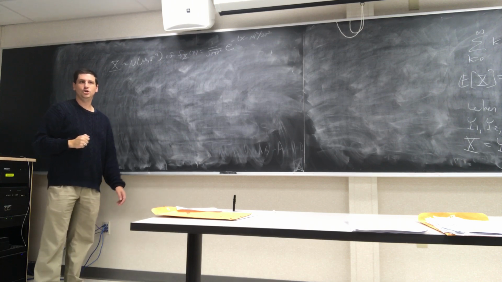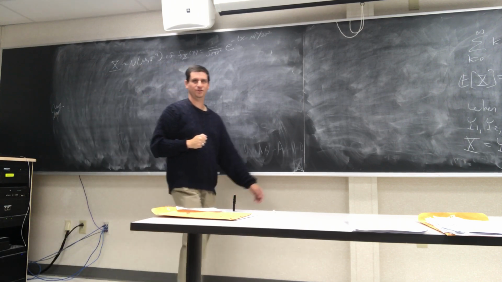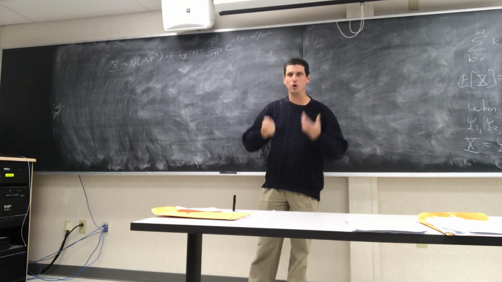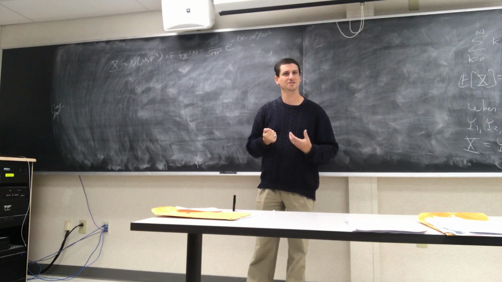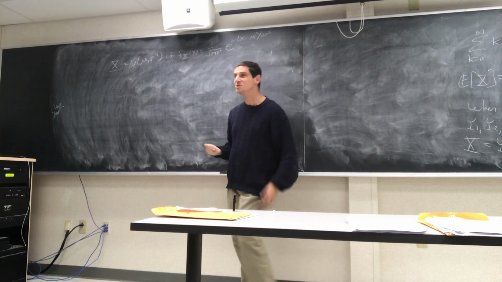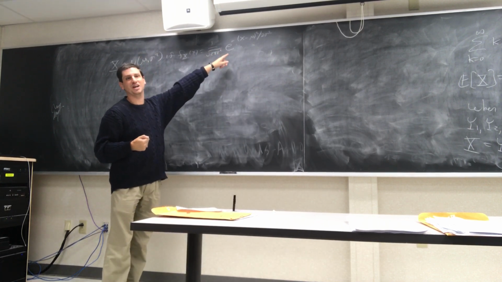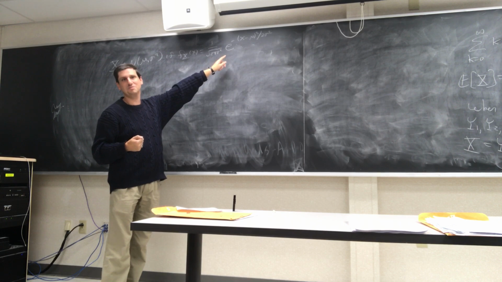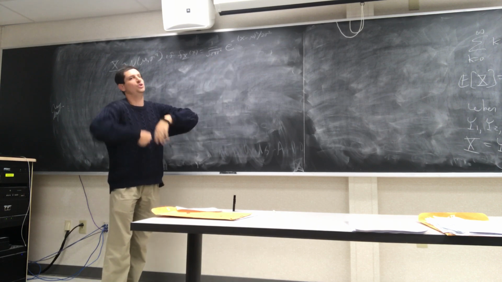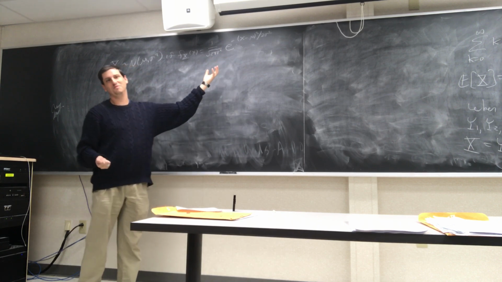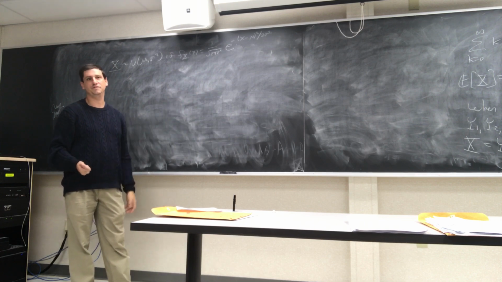Now, notation gets reserved. When you see the letter mu, what should you be thinking? Mean. And when you see sigma squared, what should you be thinking? Variance. I should not be allowed to do this unless mu is the mean and sigma squared is the variance. So, one of the first things we prove is, yes, mu is the mean, sigma squared is the variance.